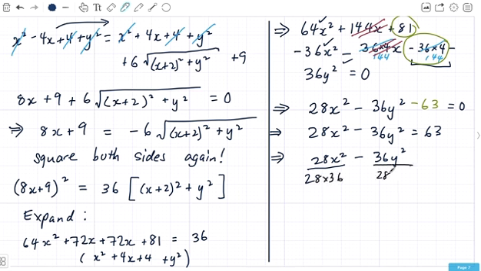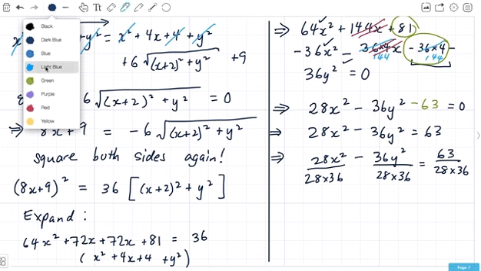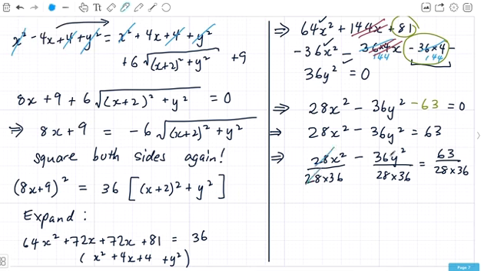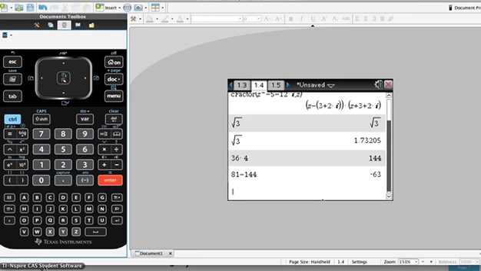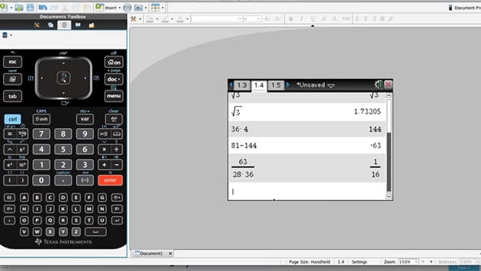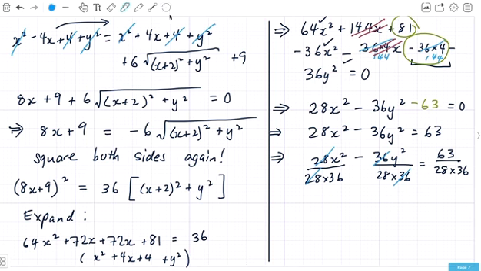And the reason for that is I can get rid of the top line number or coefficient. So that will cancel, and 28 times 36, so 63 over 28 times 36, 1 over 16. So I can put that in.